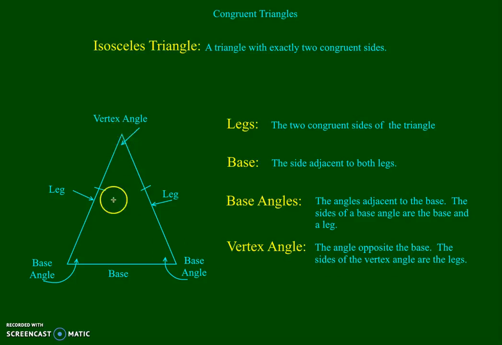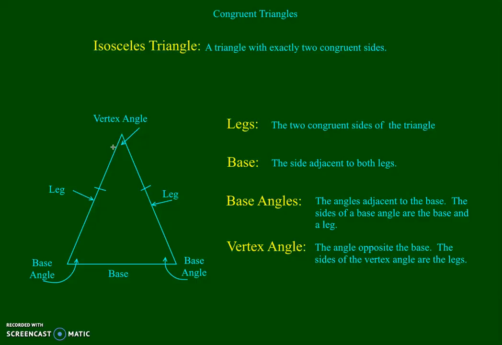So this angle is opposite the base. You go straight across and there's the base. Straight across, there's the vertex angle. And the sides of the vertex angle are the legs. So you could say that the vertex angle is the angle made by the legs of the isosceles triangle. So that's the basic anatomy of an isosceles triangle.